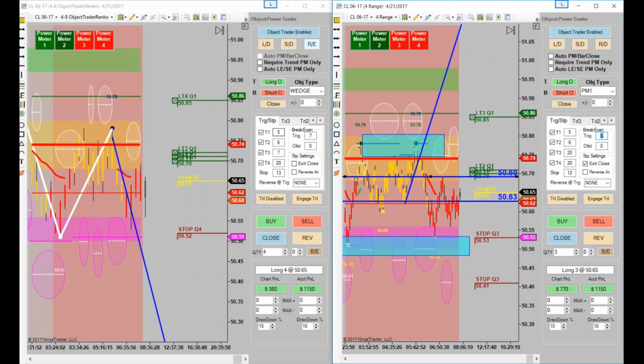Everybody see how to use some of these tools? Did our support hold? Our support held, right? Okay, now, once this closes above this little swing here like that, you can bring your stop at least up to here.